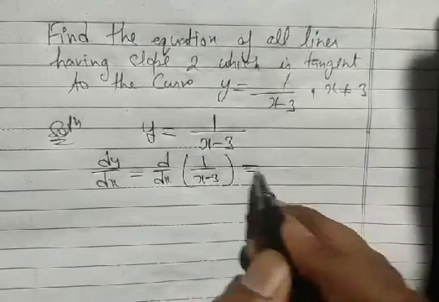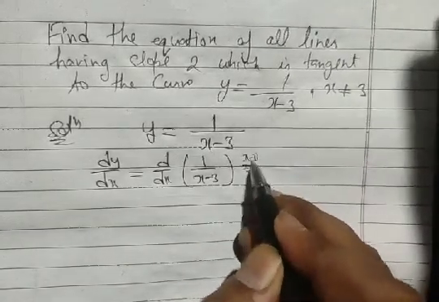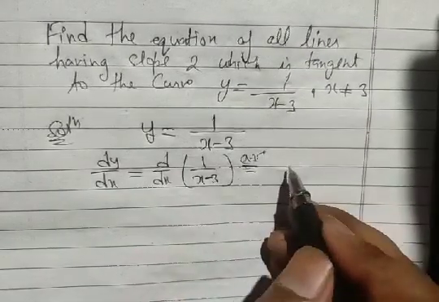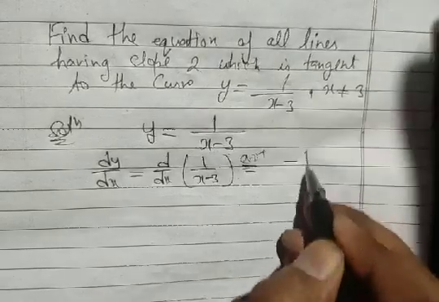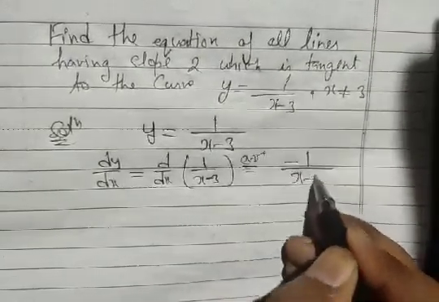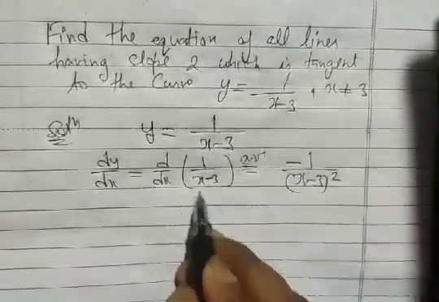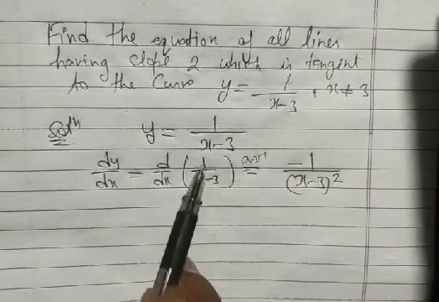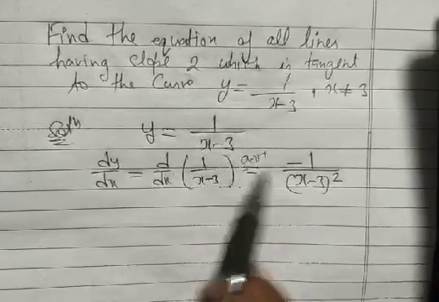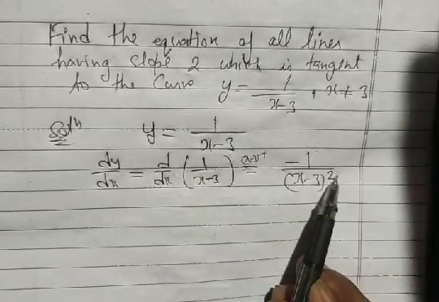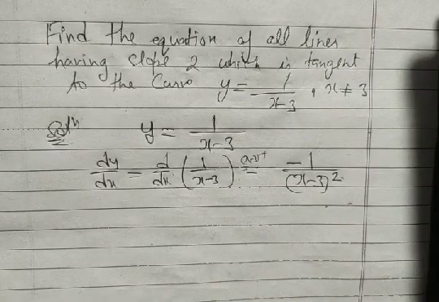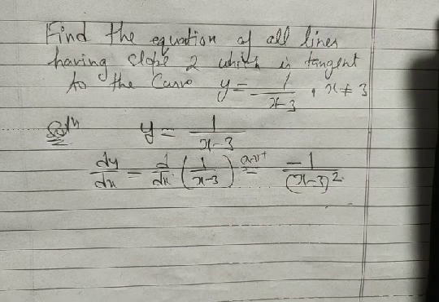Its derivative is minus 1 upon (x minus 3) whole square. You can also solve it using the quotient rule. Then our derivative d/dx of 1 upon (x minus 3) is minus 1 upon (x minus 3) whole square.